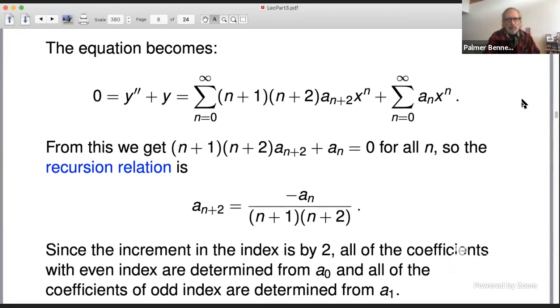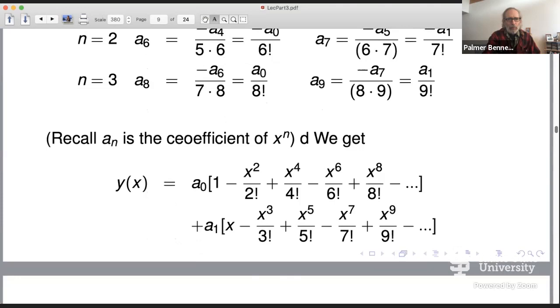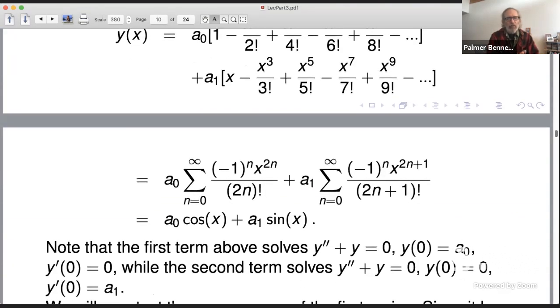And if we set A1 equal to 0, the solution of y double prime plus y equals 0 with y of 0 equal to A naught and y prime of 0 equals 0 is exactly A naught cosine x.